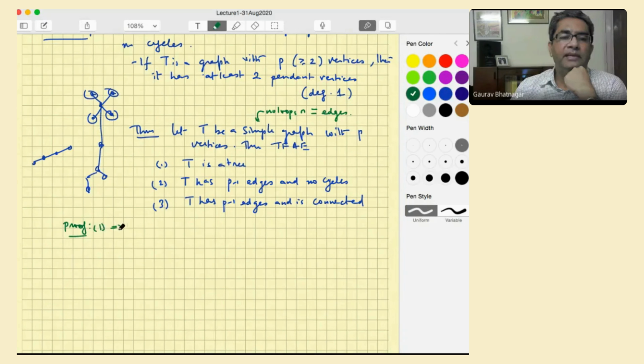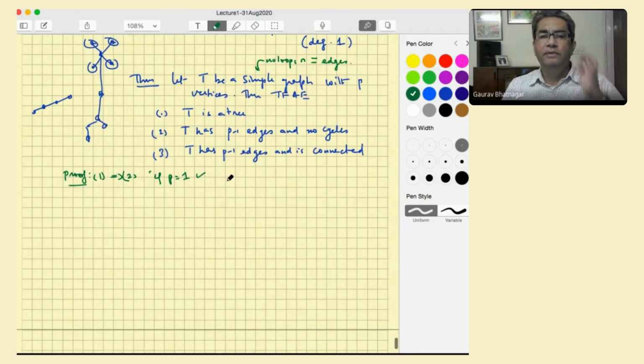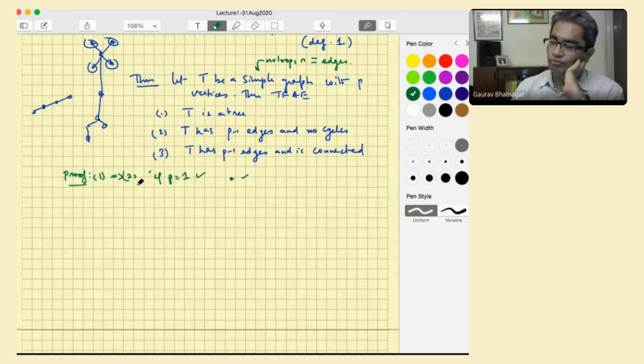of 1 implies 2. If p is equal to 1, then this is okay. P is 1 means it just has one vertex, so it has 0 edges and no cycles. It's okay. Again, the proof is by induction.